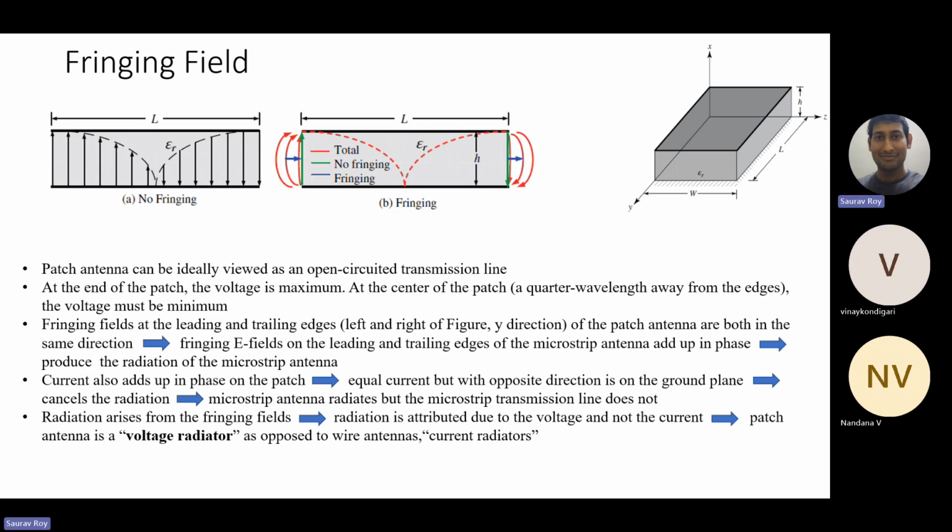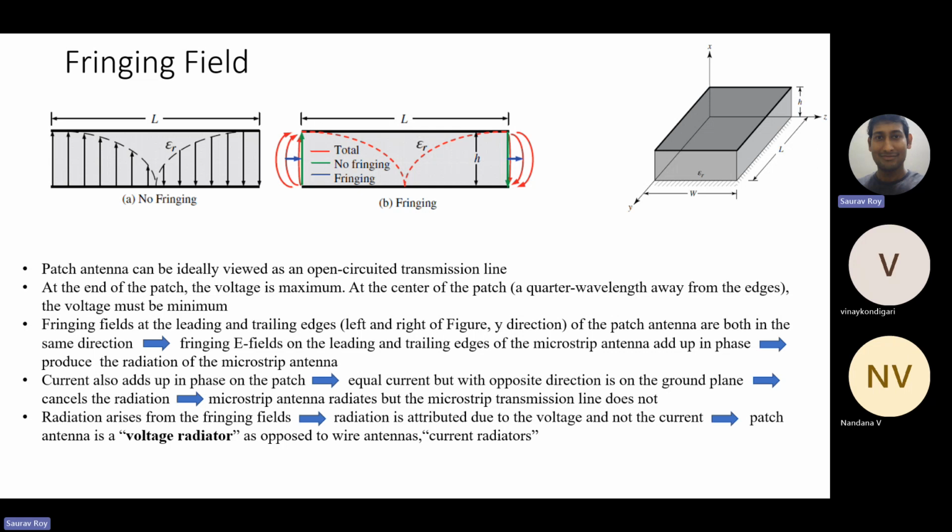Now, because of the fringing field, it would not be exactly like that. In the picture in the middle with fringing, you see there are some fields coming out of the right side and left side as well, and they are curved, like fields coming towards the bottom. Not only perpendicular, but there is also a horizontal component.